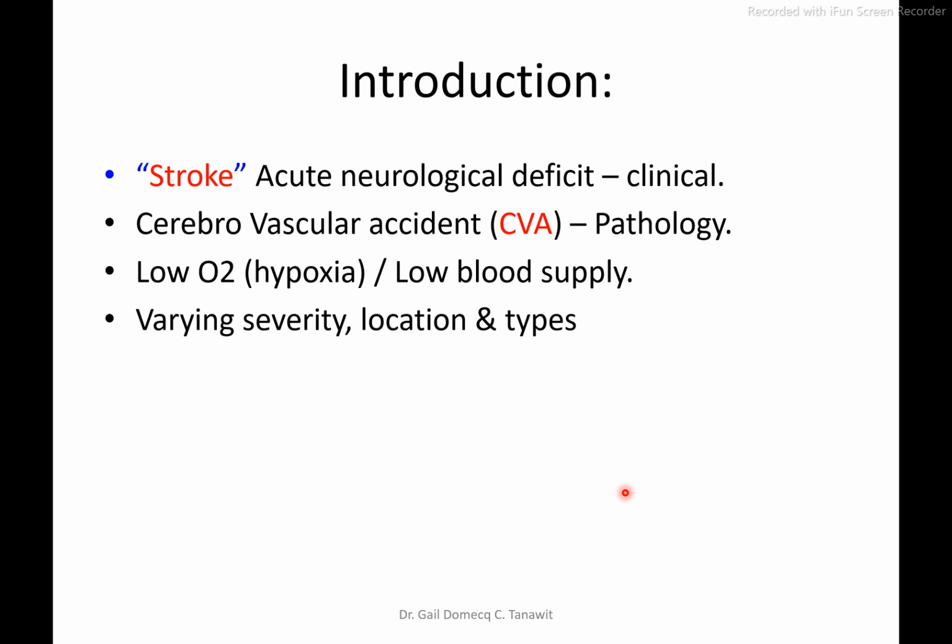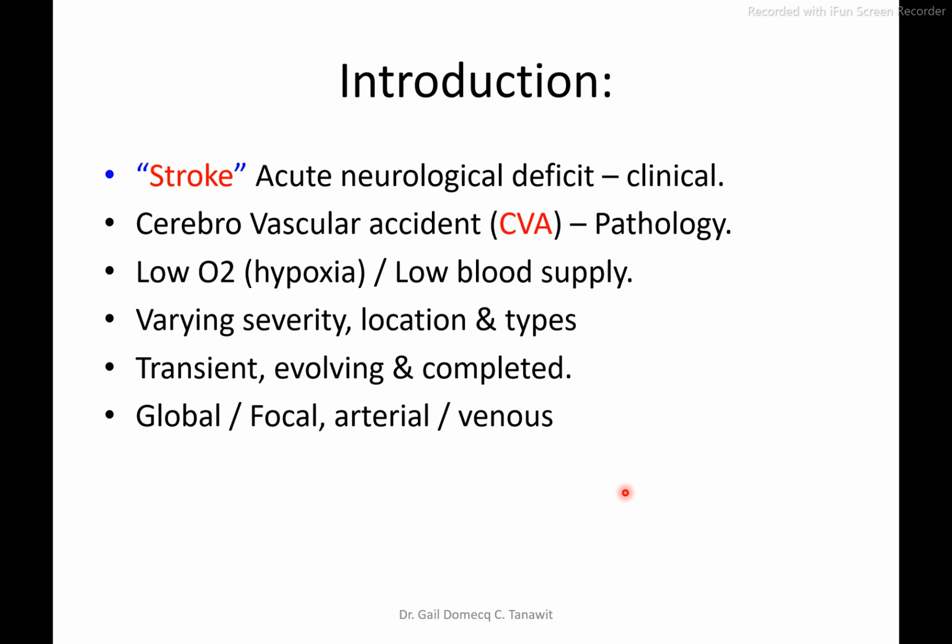There would be varying severity, location, and type. It can be transient, evolving, or completed. It can be global or focal. It can be arterial or venous in origin, or ischemic versus hemorrhagic.